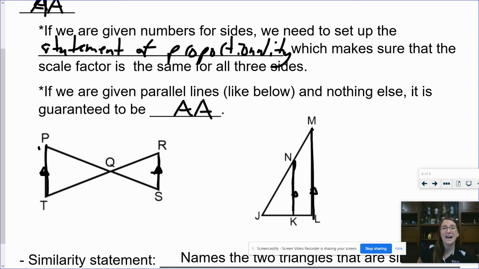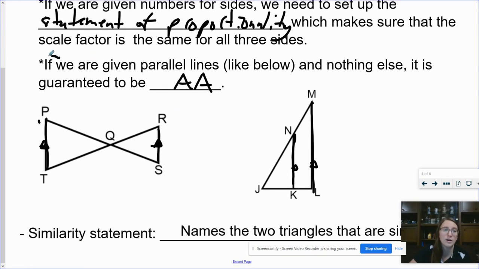Because when we have parallel lines, we have angles that are congruent, right? Corresponding, alternate interior, alternate exterior, those are all congruent types of angles. And so it's actually going to work out to be angle, angle.